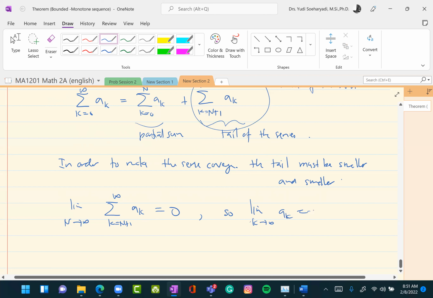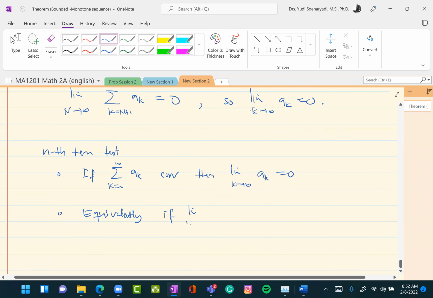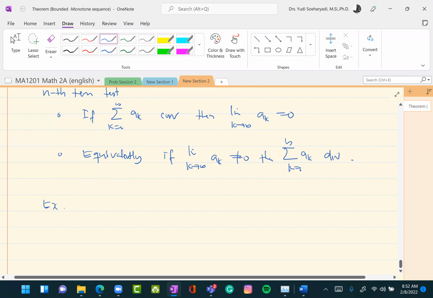Or equivalently, if the limit is non-zero, then the series is divergent. Just one example. Just go quickly.